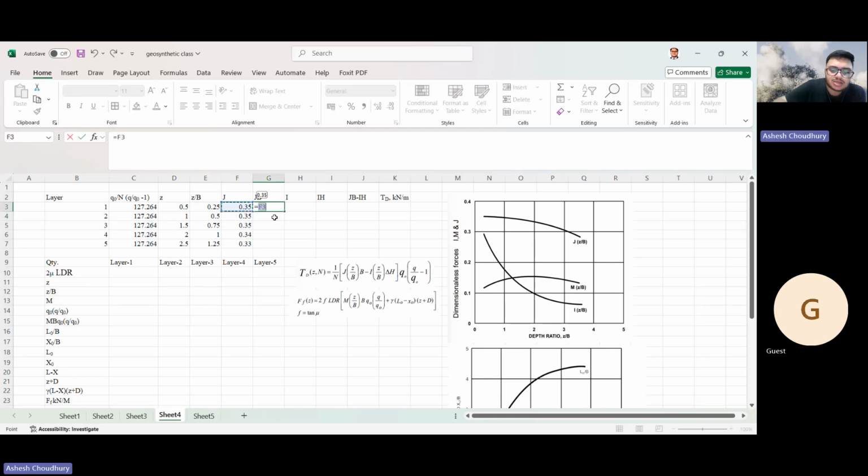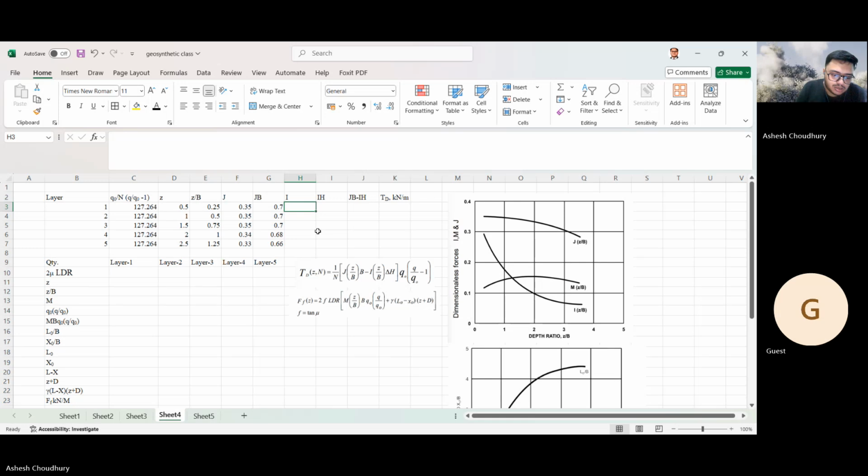JB is J times B, which is 2. Again, I also have to select I from this graph for 0.25. There it is almost 0.35. Just approximate rough values.